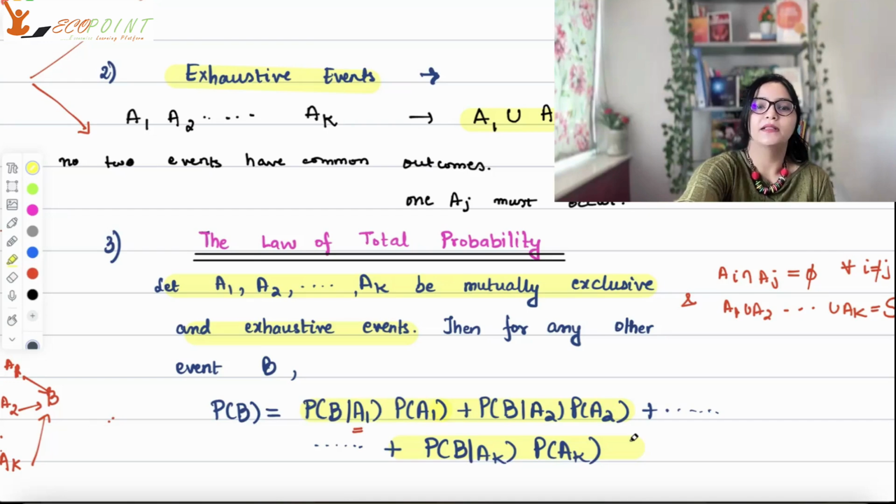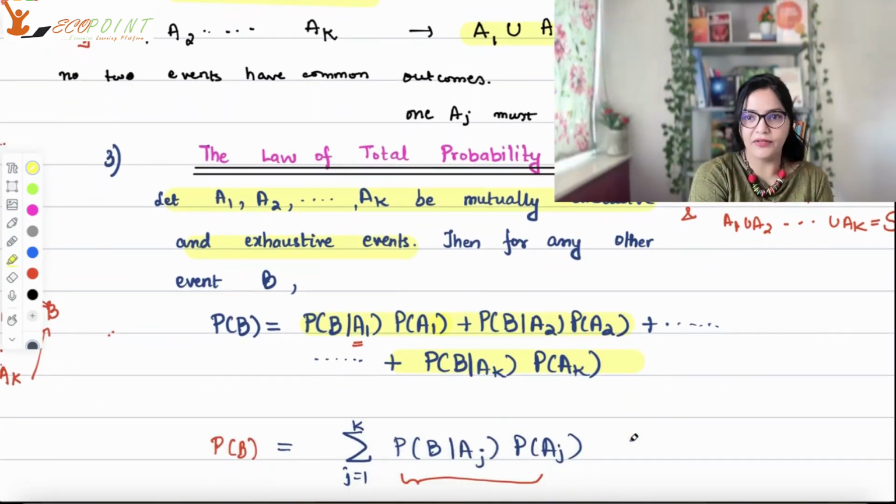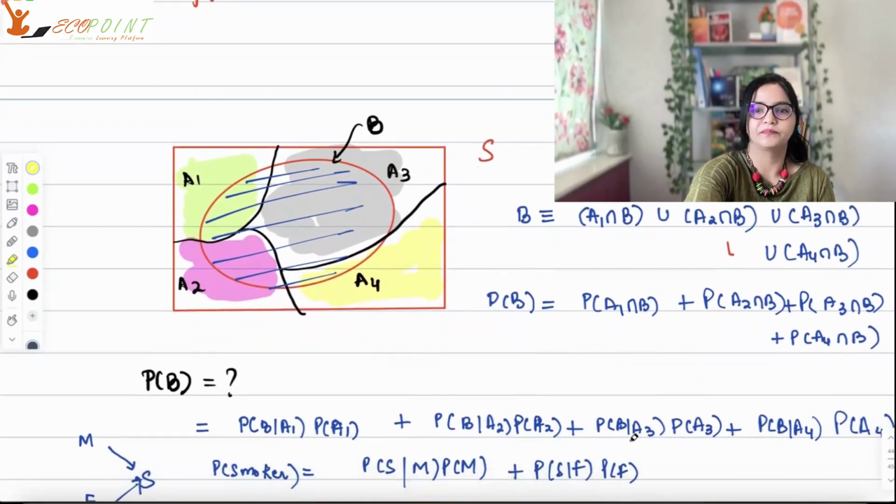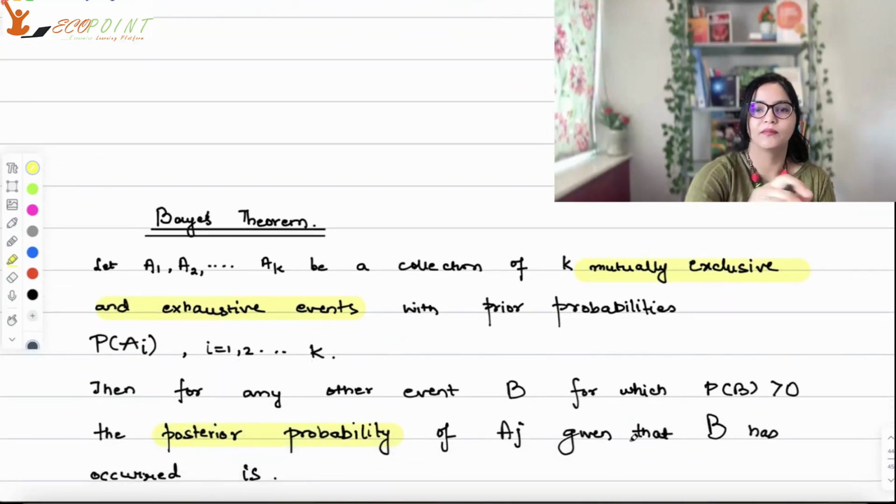That's what is total probability. I've done it right away with you, with an example, but this is what it formally means. I have even done the proof of that in the video. Please go back and see.